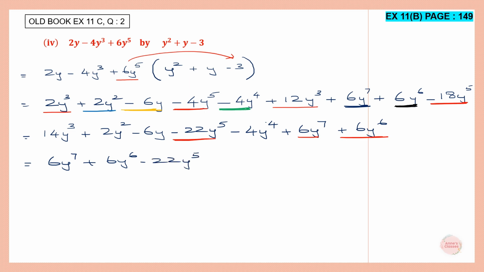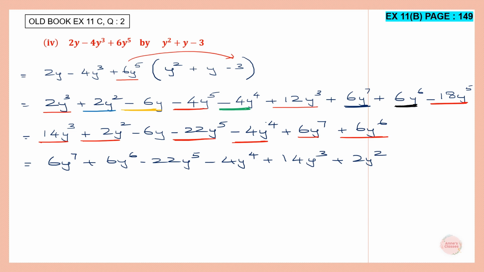Then let's go to y to the power of 4, which is right here. So it is minus 4y to the power of 4. Then let's go to y to the power of 3, which is here. So that is plus 14y to the power of 3. Then y square is here. So plus 2y square.